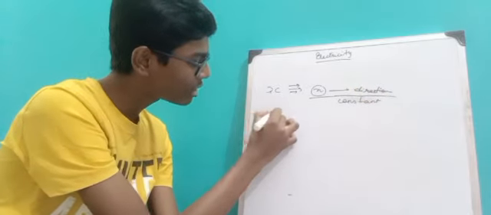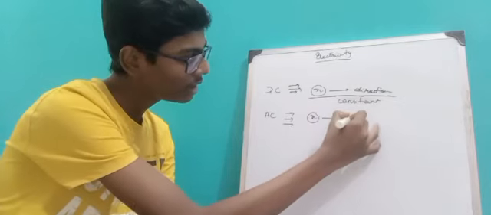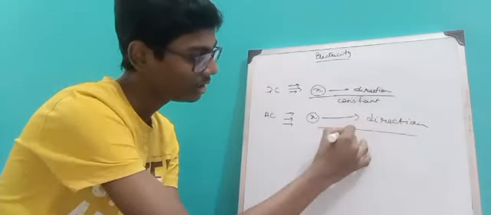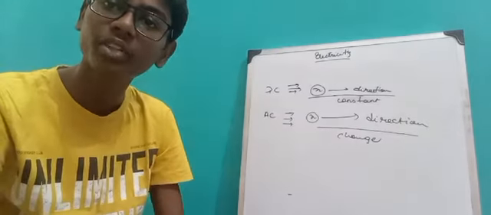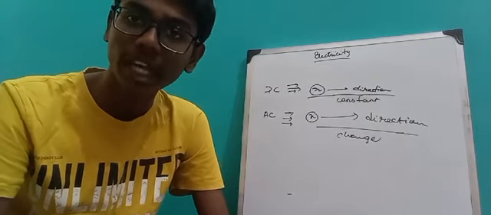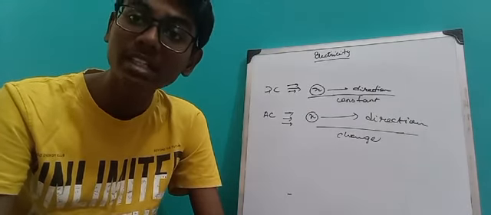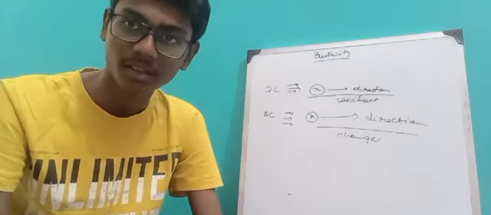AC is just the opposite. Here X amount of current is flowing in a direction, but it is not constant. This changes, and this is repeated after a certain interval of time, and that is called its frequency.